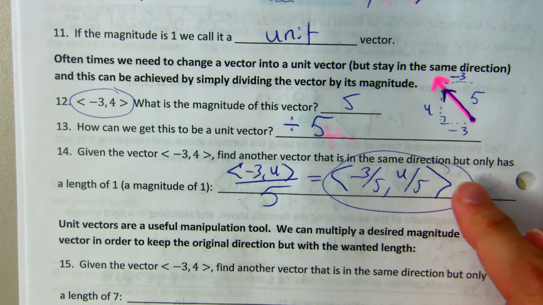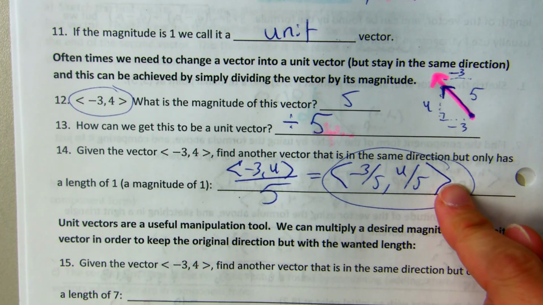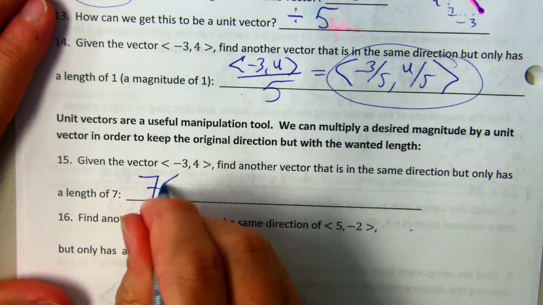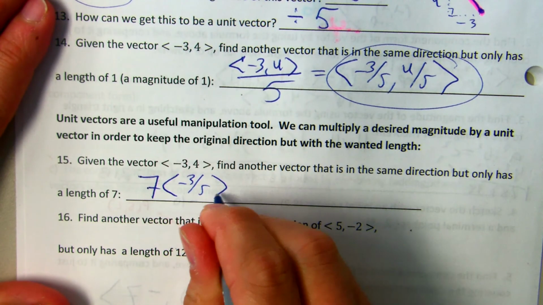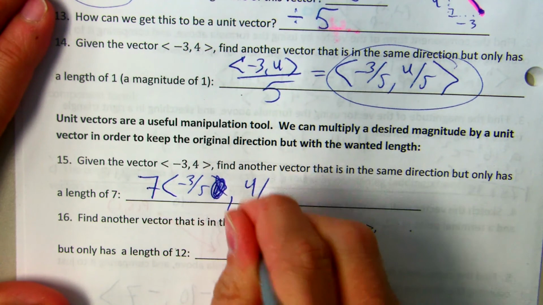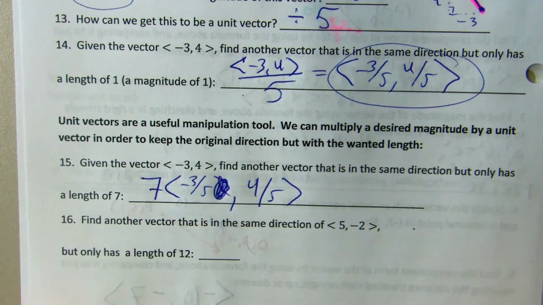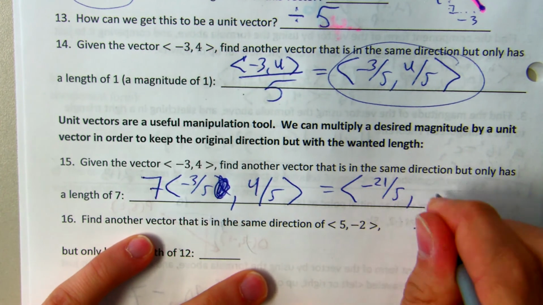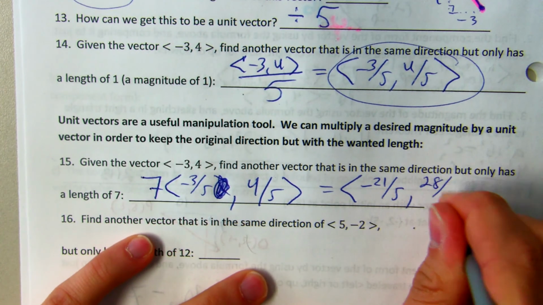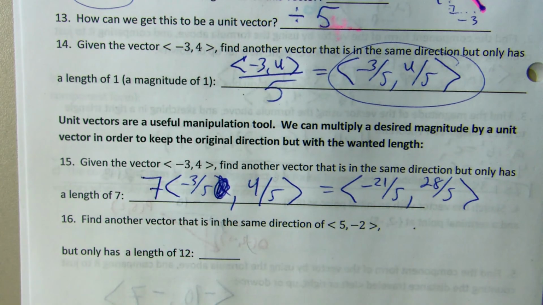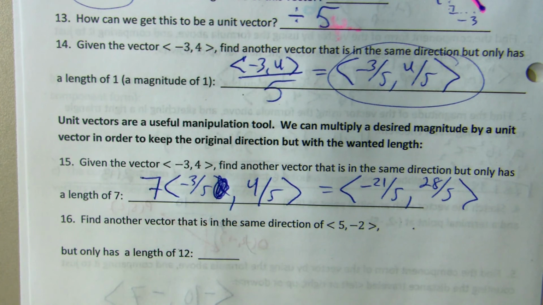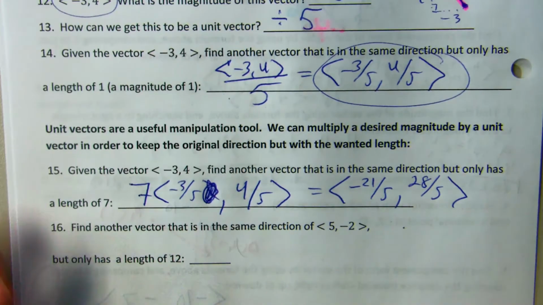How do you think I can make it go from having a length of 1 to a length of 7? How about 7 times its unit vector? That is going to force it to have a magnitude of 7, and it keeps it in the exact same direction. It doesn't go slightly up more or slightly to the left more, it's still in the exact same direction.